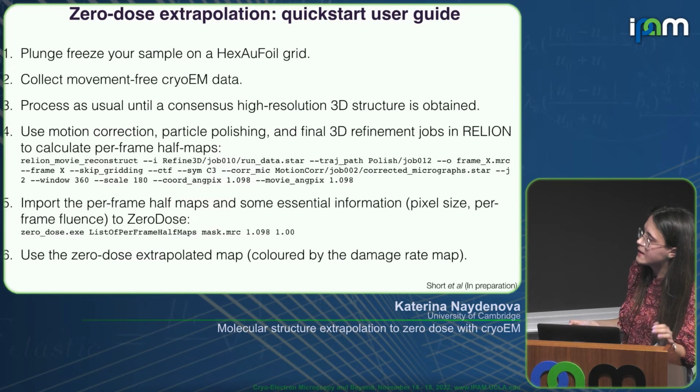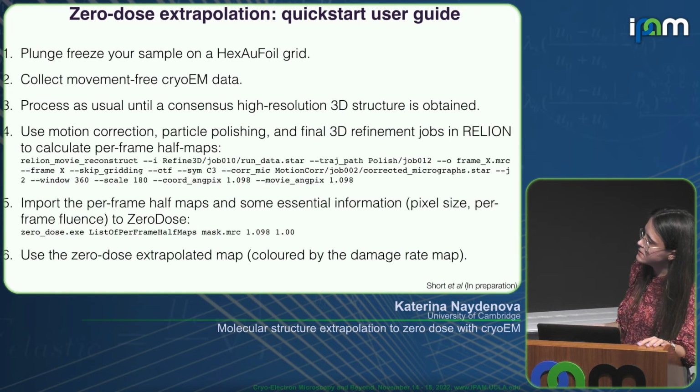Then you process it as usual until you get your final 3D consensus high-resolution structure. Then you need to make sure that you have the following jobs done in Reliant: motion correction, particle polishing, and final 3D refinement. Then you can use this command from Reliant called Reliant Movie Reconstruct to get this series of maps for every frame of your movie.